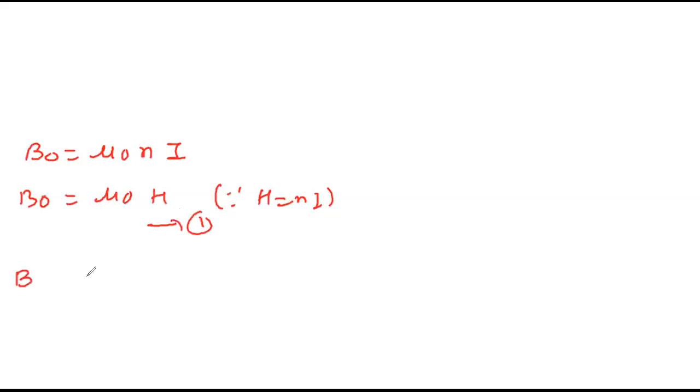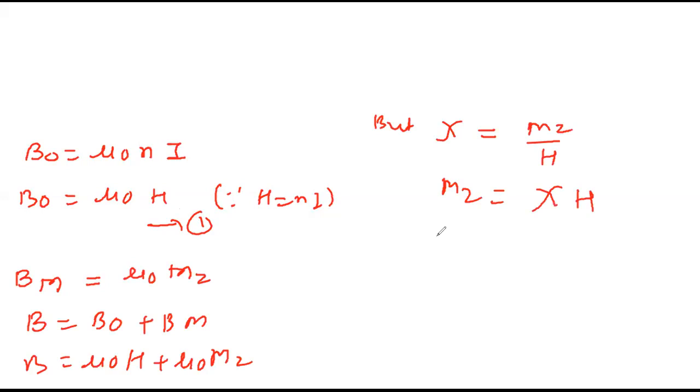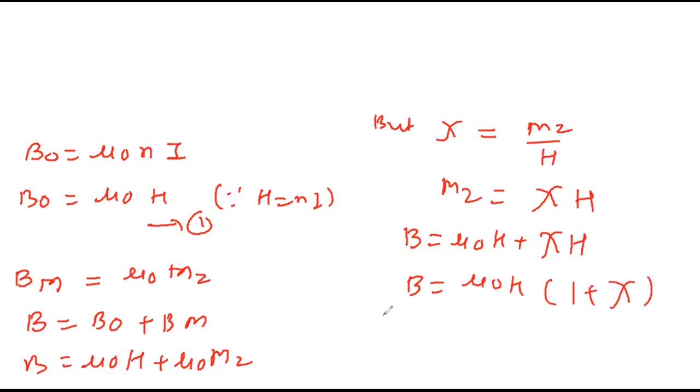For magnetic material, Bm equals to mu naught Mz, therefore net field is B naught plus Bm, which is equals to mu naught H plus mu naught Mz, but susceptibility is defined as Mz upon H. So Mz equals to susceptibility into H. B equals to mu naught H plus mu naught susceptibility into H. So B equals to mu naught H common 1 plus susceptibility, that is mu H equals to mu naught H into 1 plus susceptibility. Both side H cancel.